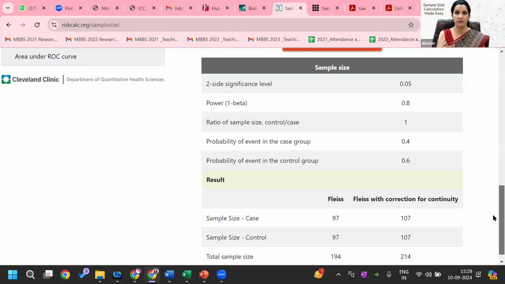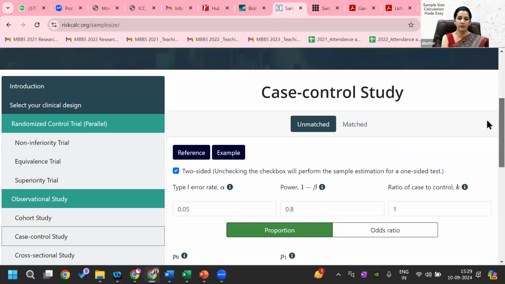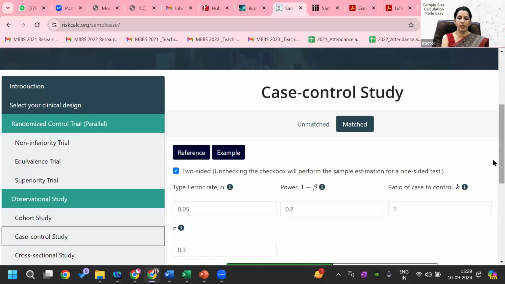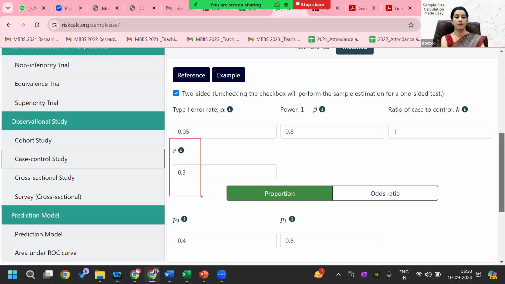So if you want to use the methodology of a matched case control study, then you should calculate the sample size using this RiskCal, where you put the value of the correlation coefficient, which is this R. Your calculated sample size will be lesser than what you calculate for an unmatched study.